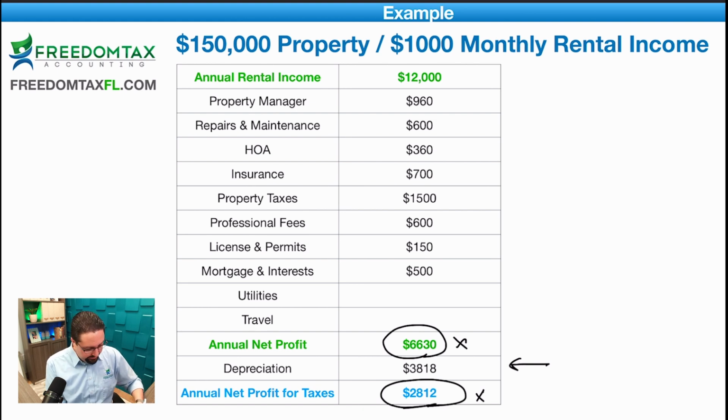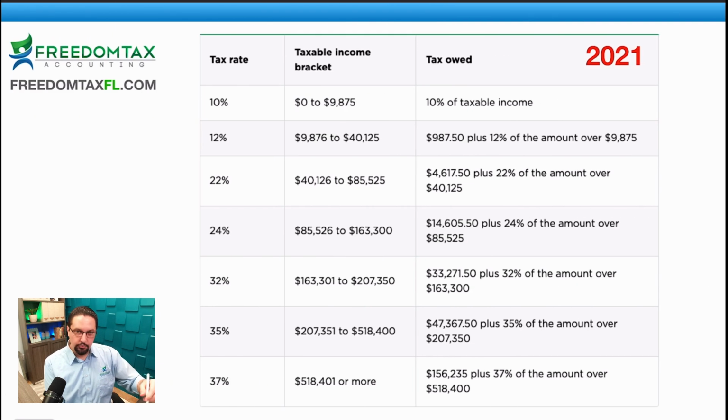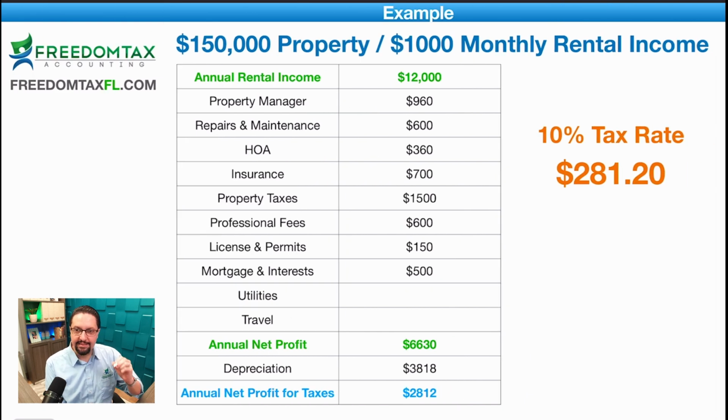Now, you take this net profit and you go to the tax table. As you can see, it is in this tax range. So that means that you're going to pay a 10% tax rate. So you're going to pay $281.20 in taxes. Okay? So that's how taxes for rental properties work.